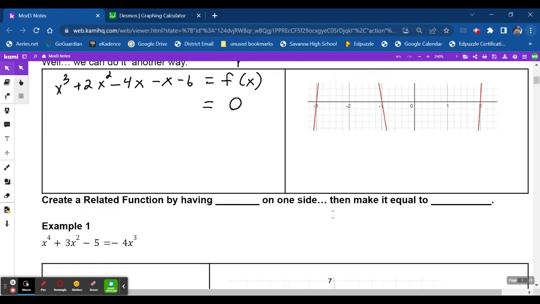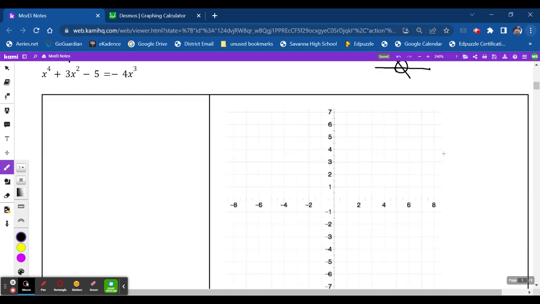Let's do the next one. So we're going to create a related function by having f of x on one side. And then we have to make it equal to 0 because we're figuring out when it hits the ground. So here's our example. Example 1.